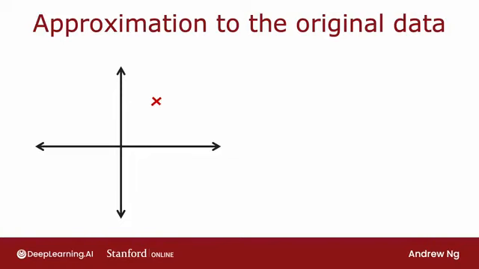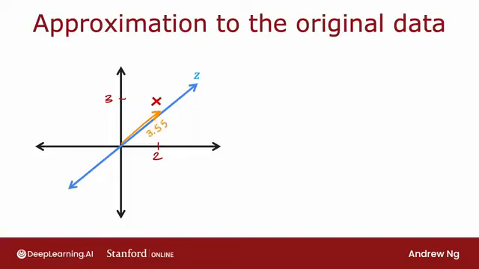Finally, before we wrap up this video, there's one more thing you could do with PCA, which is recall this example, which was at coordinates 2, 3. We found that if you project it to the z-axis, you end up with 3.55.